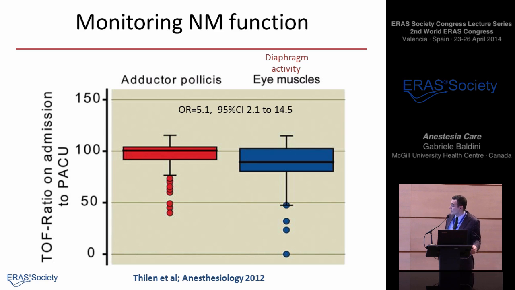And this is a nice study, published 2 years ago, where they looked at whether there is a difference in monitoring neuromuscular blockade at the level of the adductor pollicis or the eye muscles.